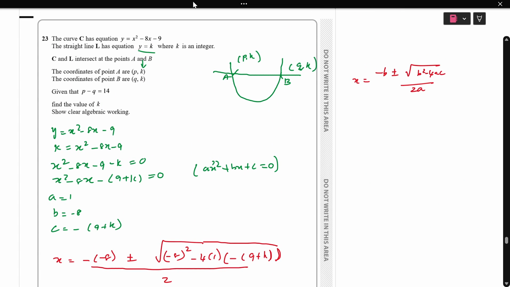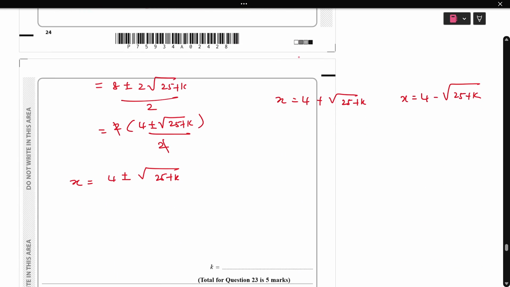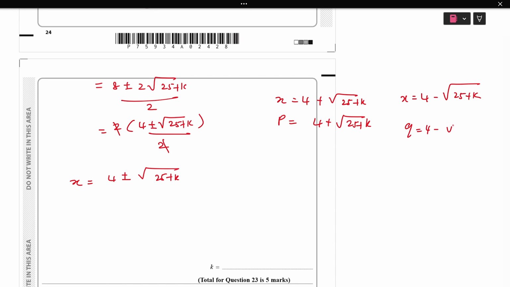See both the x values, one is p and one is q. So I'll write, the first value is going to be p. P equal to 4 plus square root of 25 plus k, and q equal to 4 minus square root of 25 plus k. Now p minus q, we do p minus q.